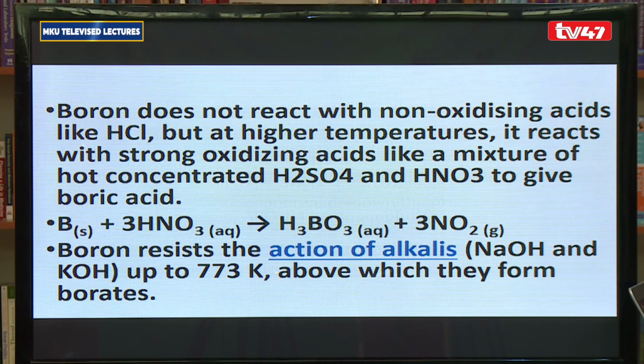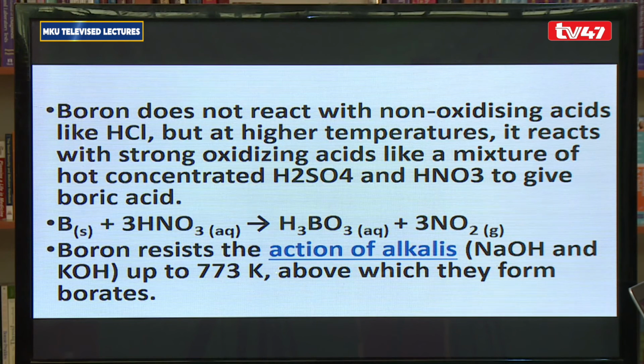Now boron does not react with non-oxidizing acids like hydrochloric acid, but at higher temperatures it reacts with oxidizing acids like a mixture of hot concentrated sulfuric acid and nitric acid to give boric acid. So if you react boron with nitric acid, you'll get boric acid and nitrogen dioxide.